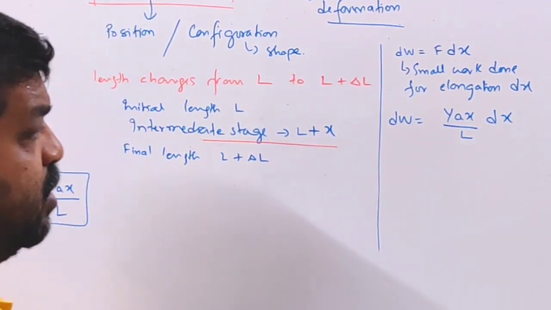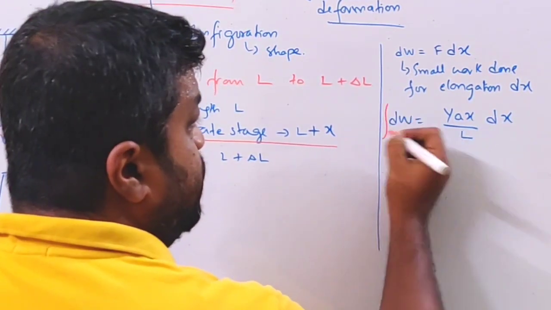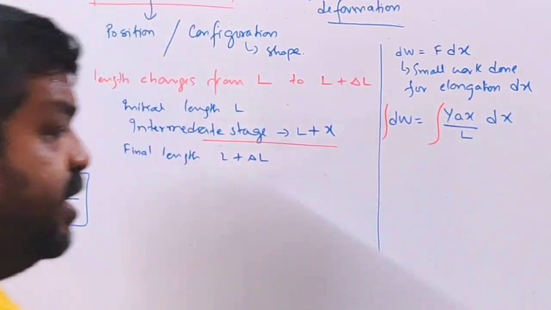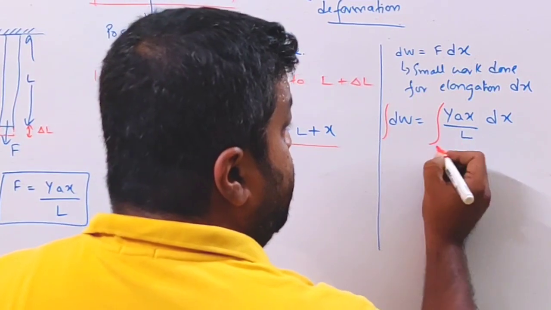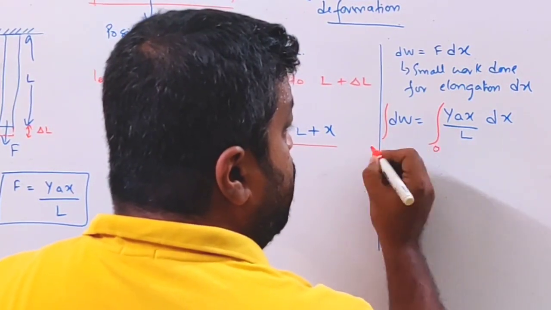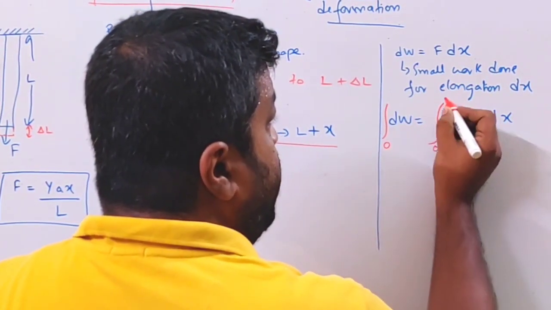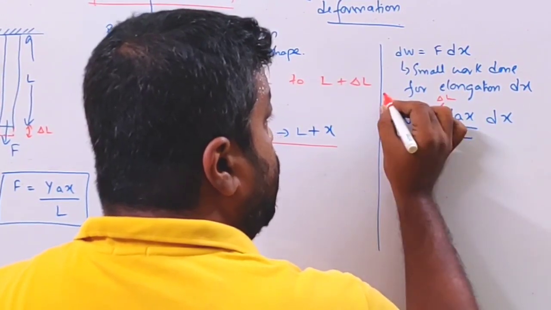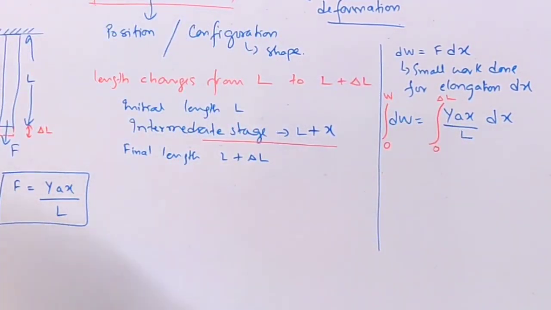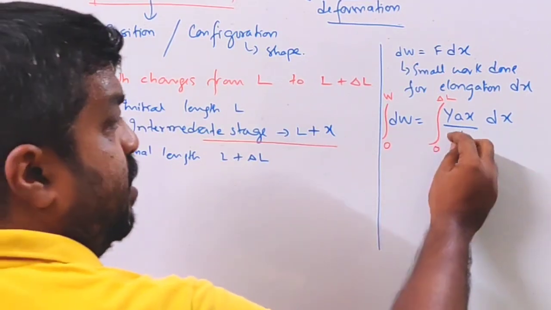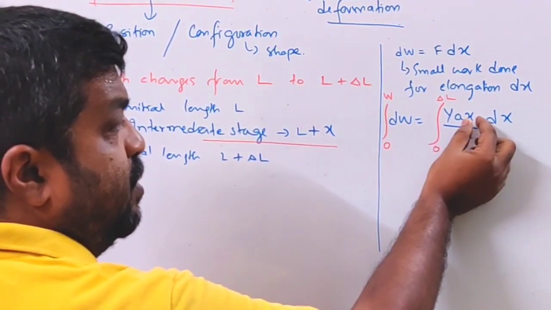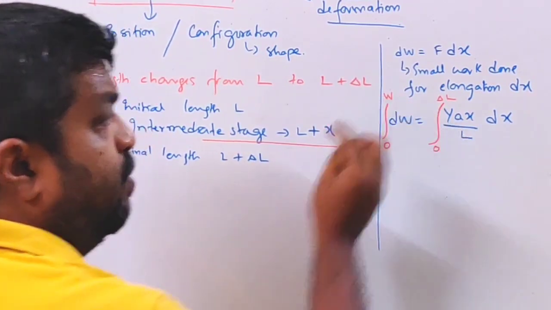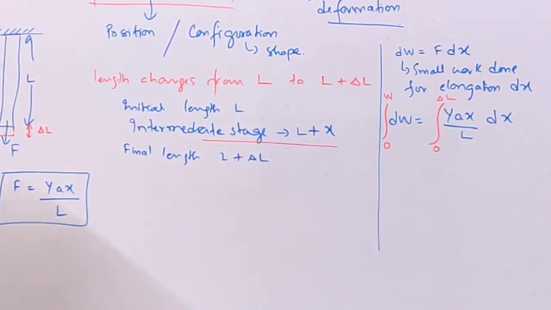The total amount of work done can be obtained by integrating this expression. Initial elongation was 0 and work done was 0; final elongation is delta L and total work done is W. Here the value of x is changing, and because of this change the work changes from 0 to W. So this is how the limit is given.